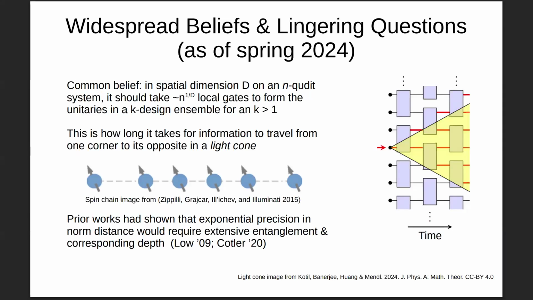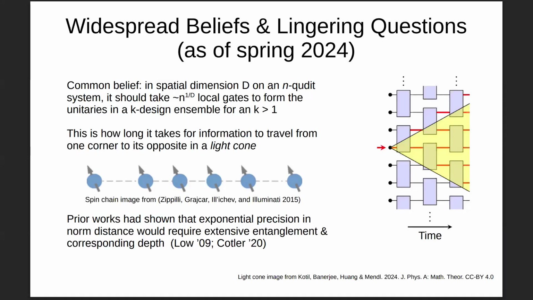But why was that so surprising? Well, if you went back to spring 2024, you might have seen this argument that you would need depth that should be at least enough for information to get from one side of the system to the other side of the system.